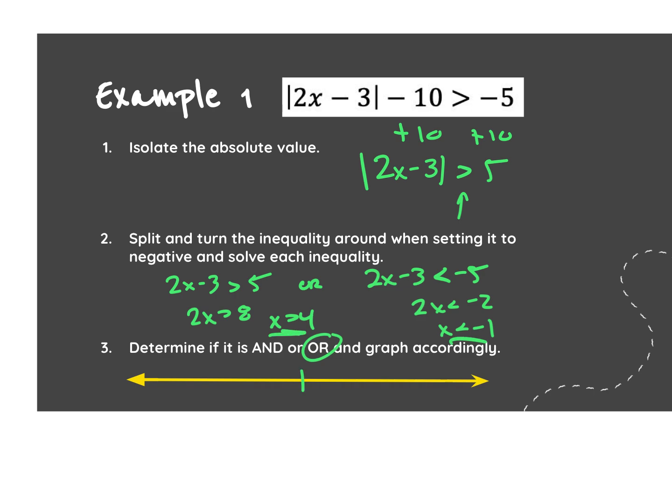So if I go 0, 1, 2, 3, 4, 5, 1, 2, 3, 4, 5, x greater than 4, open circle, out, x less than negative 1, open circle, back. There is my inequality. Okay, so you're going to take this and kind of go, is it going to be an or or is it going to be an and, and then which way the graph's going to go?